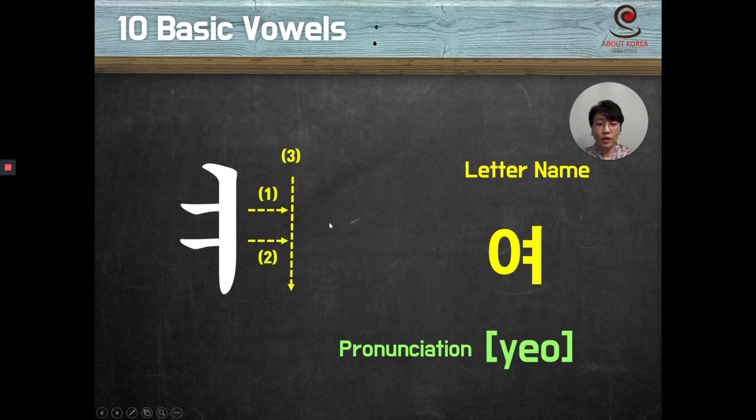The next vowel is yeo. Let's try to write it, 1, 2, and 3. The pronunciation is yeo. The letter name is also yeo.